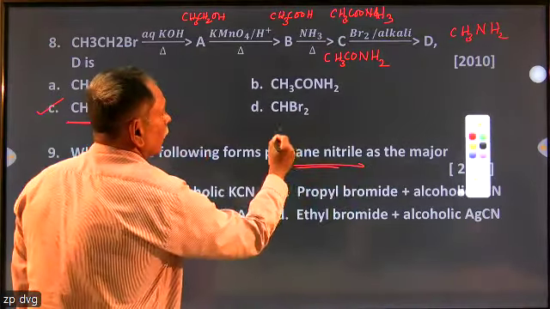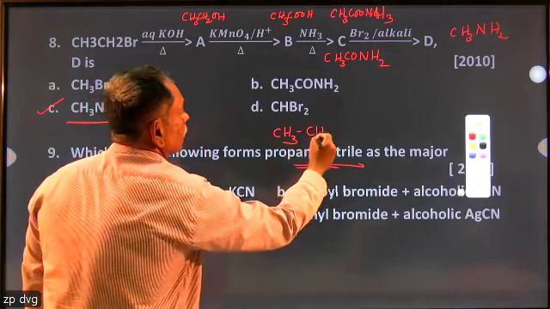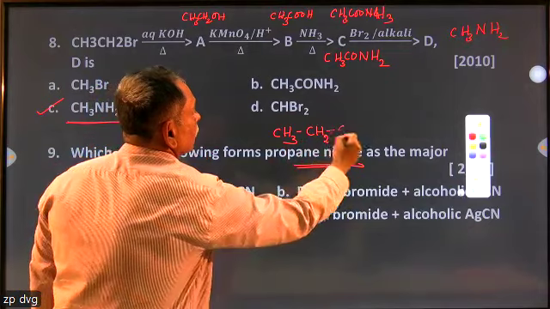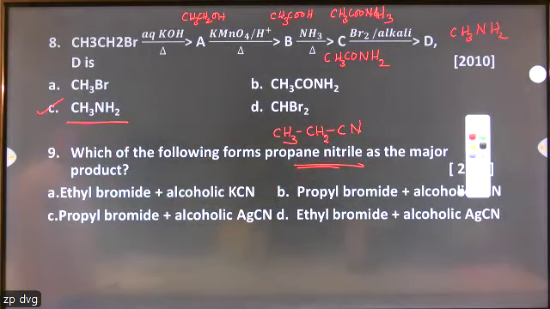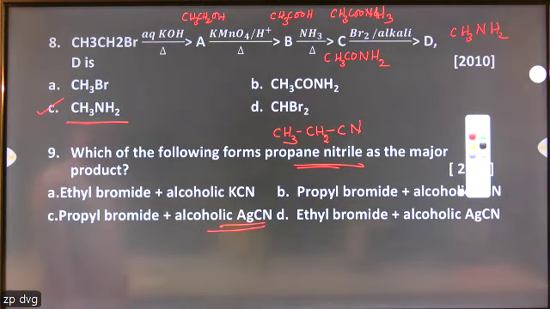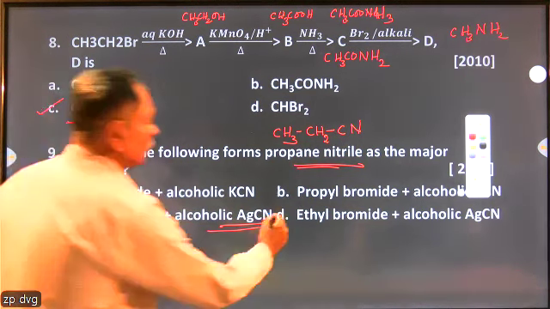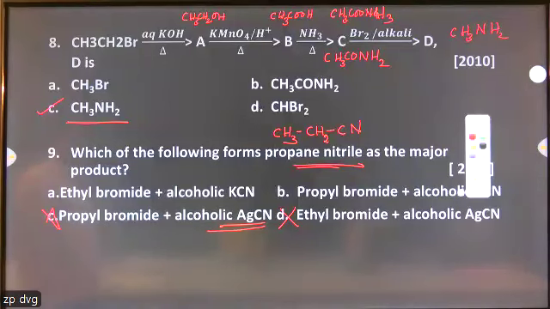What is the formula of propane nitrile? CH3CH2CN. So this is propane nitrile. Now alcoholic AgCN does not give you nitrile, it gives you isocyanide. So these options are ruled out.